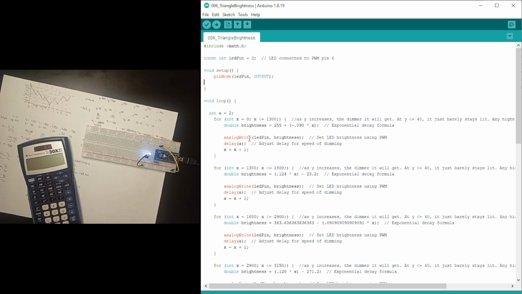You know what? Let's do it this way. How am I gonna do it? What if I assume that it stays at brightness whatever for a certain amount of time? That would be a lot of additional work.